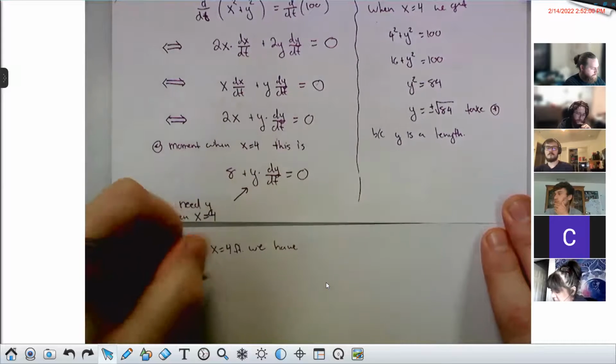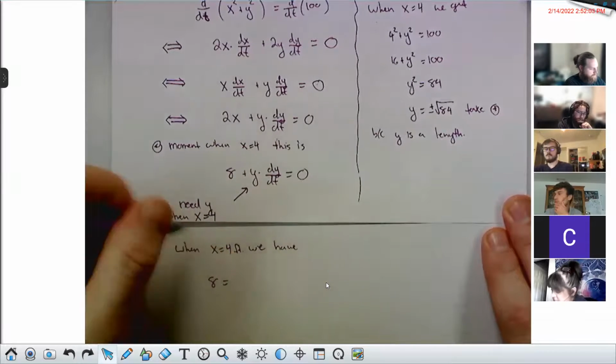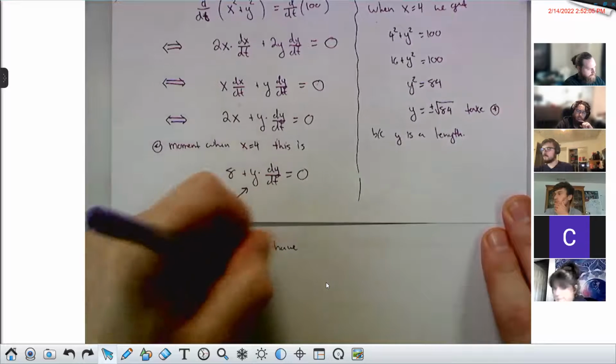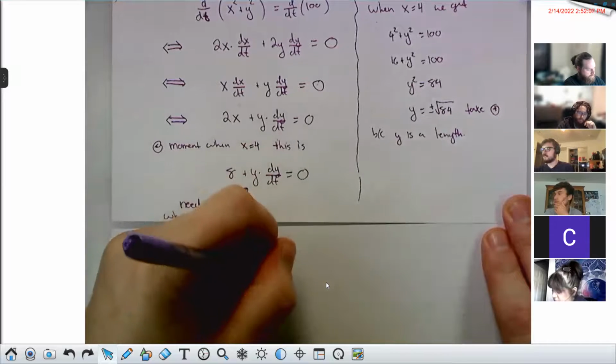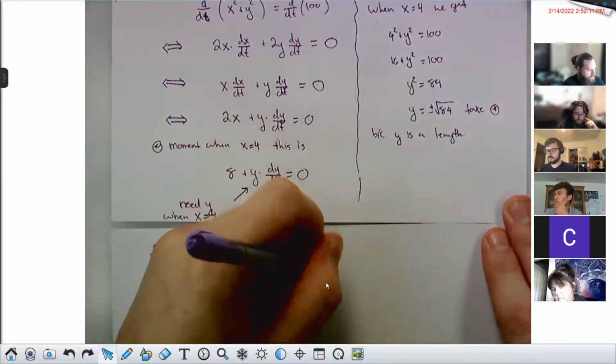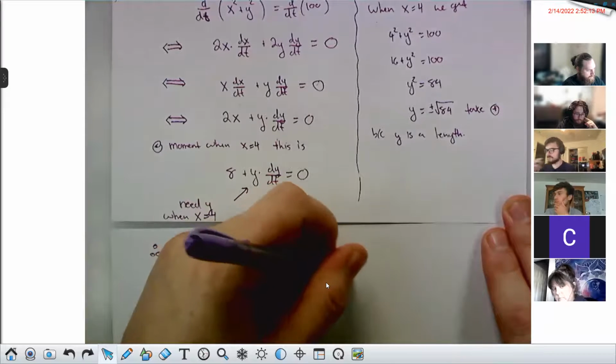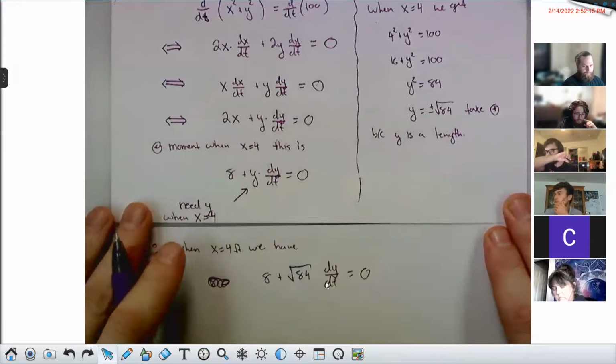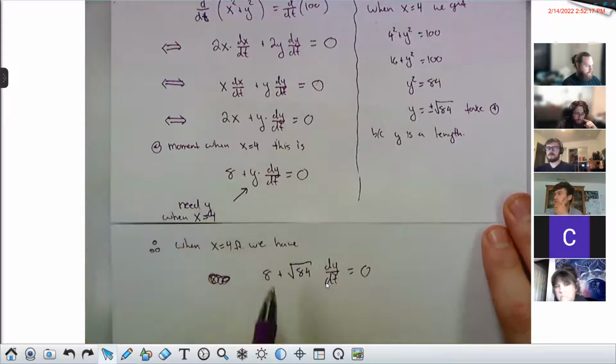So when x is 4 feet, we have 8 plus the square root of 84 times dy/dt is 0. We can subtract the 8 over and then divide by the square root of 84.